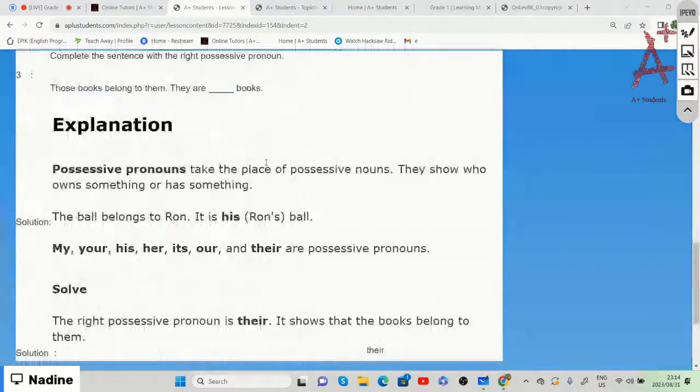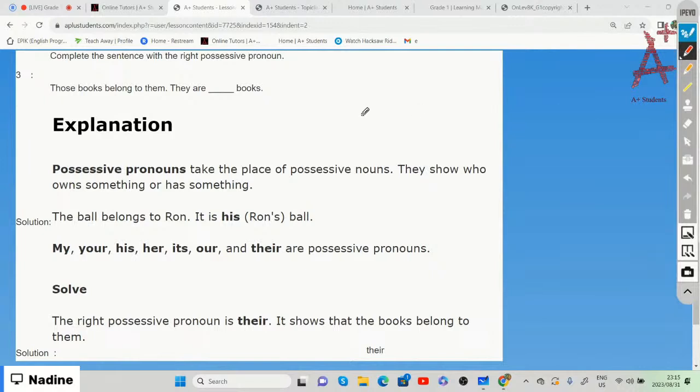And then those books belong to them. They are books. All right. So those books belong to them. So if the books belong to them over there, then we can say they are their books.